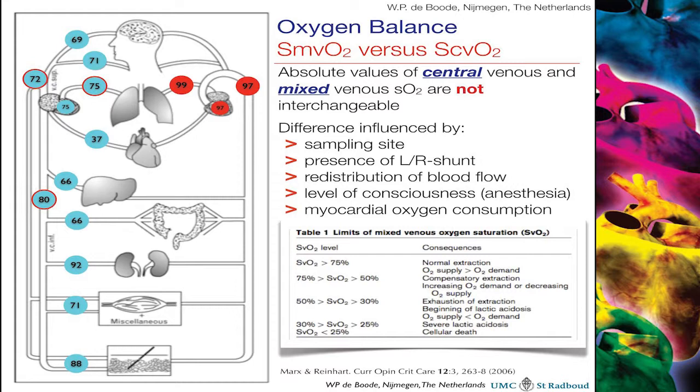It depends on the sampling site. Is it after low extraction organs or high extraction organs, the presence of shunts, the redistribution of blood flow, level of consciousness is of influence, and the myocardial oxygen consumption, because the coronary sinus comes in the right atrium and decreases the right atrial oxygen saturation.